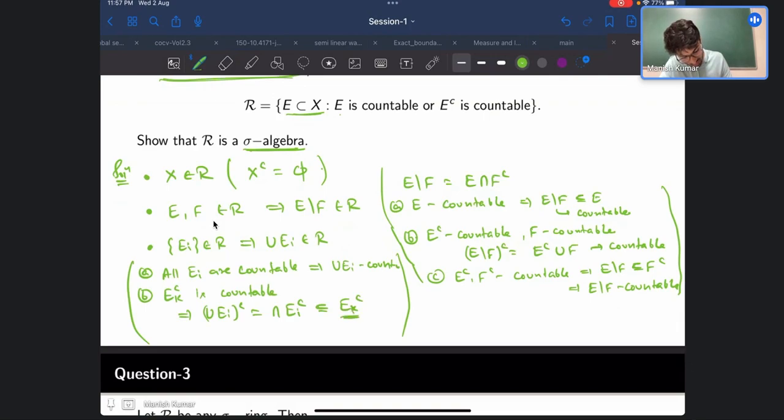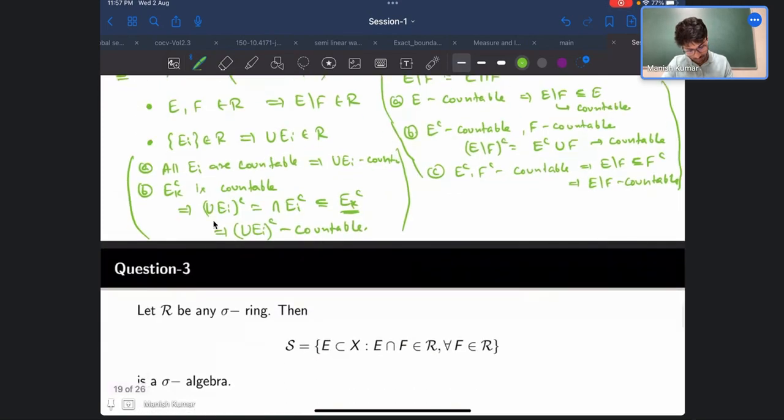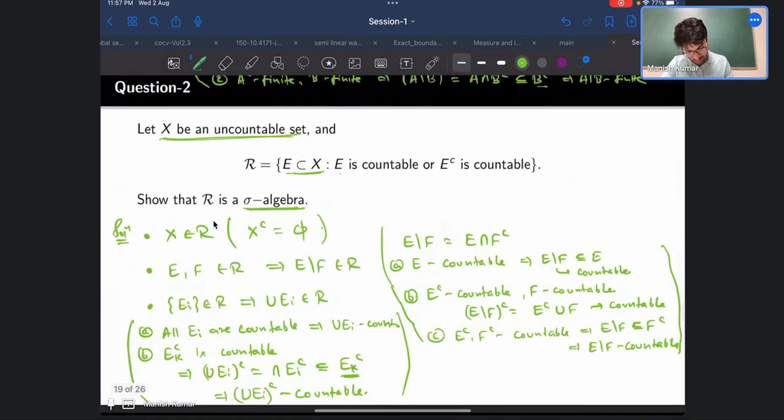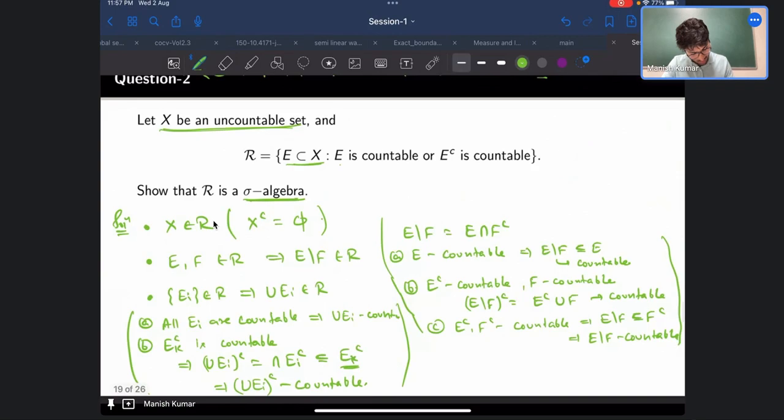And since this is countable, this would imply that the complement of the union of E_i is countable, and so the union of E_i is also in R. Okay. So this proves that this R is a sigma algebra. I hope it's clear and everything is fine.